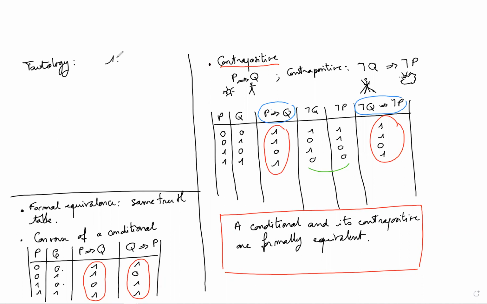Like 1 is equal to 1 or blue is blue. And a contradiction is something that is always false. So its truth value is always 0. It's like 1 is equal to 0 or things like that, right? Tautology is always true, contradiction always false. And that's all for this part.